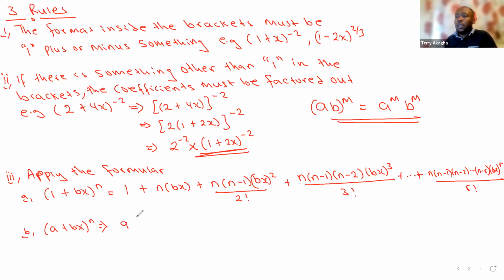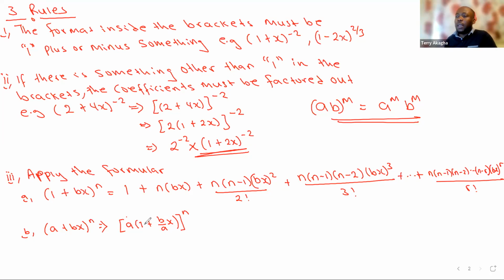So it's going to be a into brackets. So let us factorize this out. So like I said, it's going to be a into brackets 1 plus b over ax, can you see, all raised to the power n. Is this making sense? Because the same thing I did here, the same thing I'm doing here.